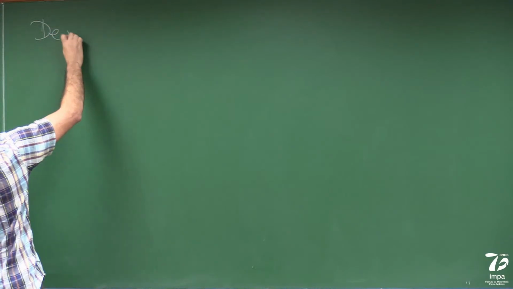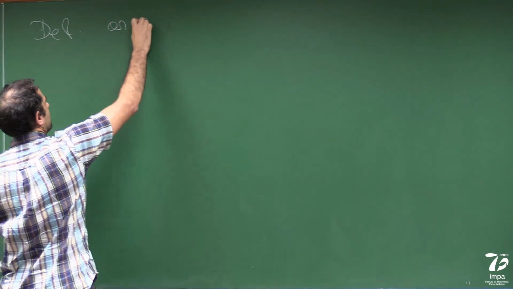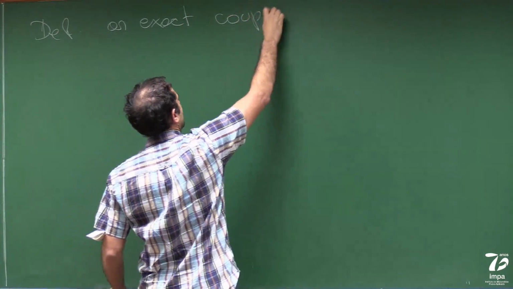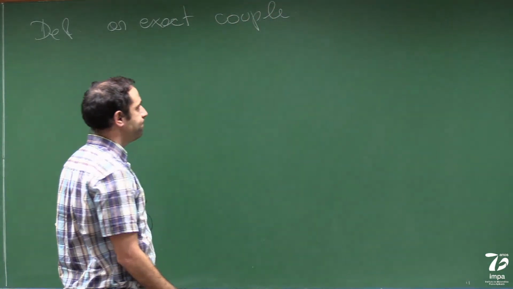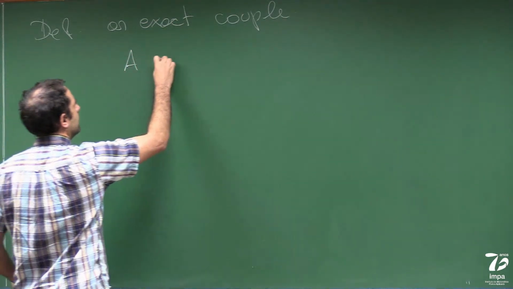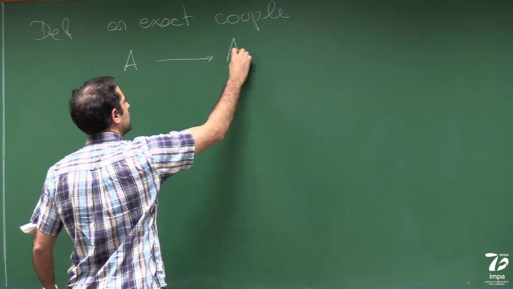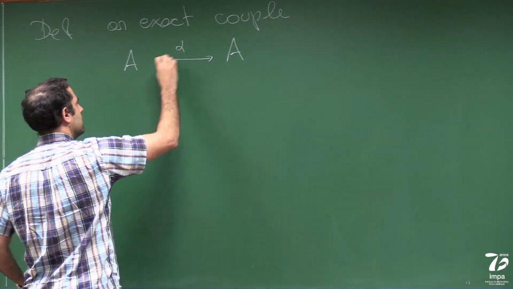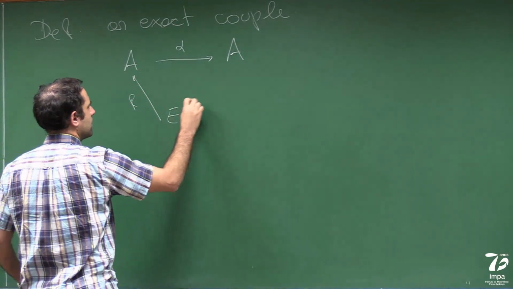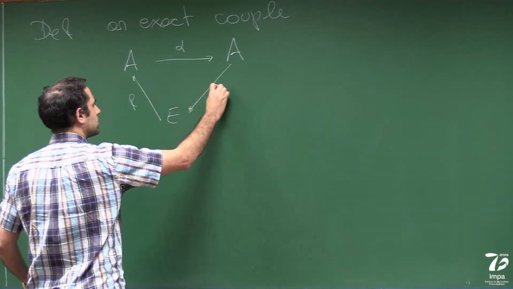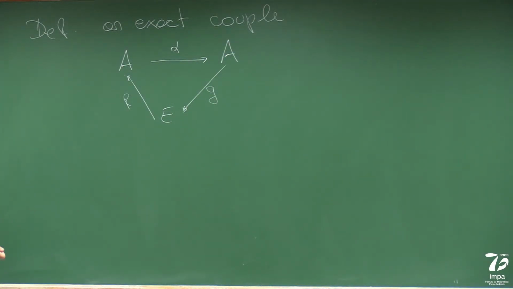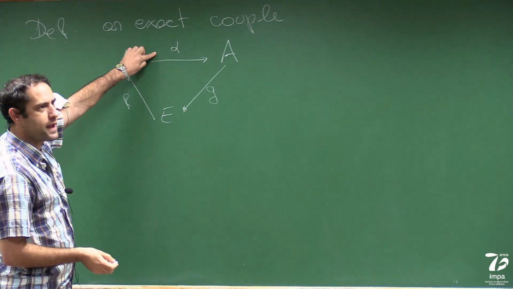So definition, an exact couple is a pair of morphisms, well, a triple of morphisms, like this, with the property that any image is the kernel of the next morphism.